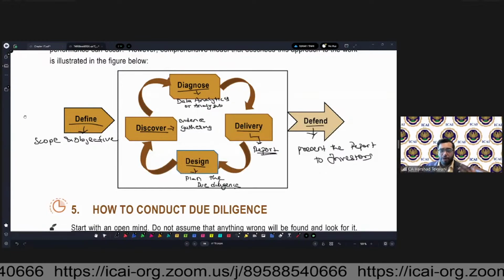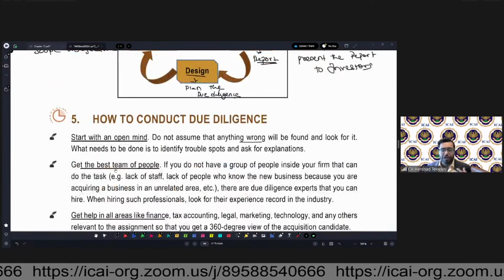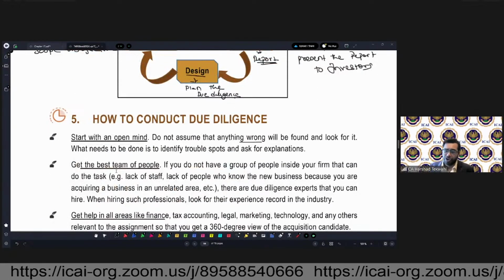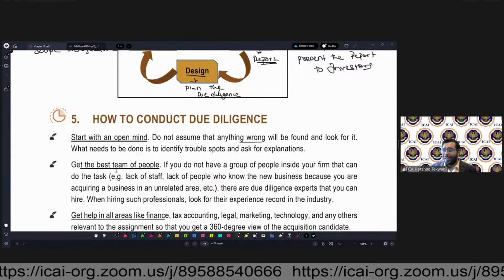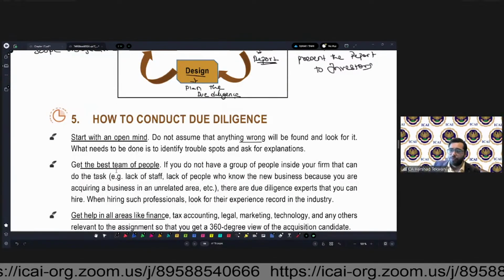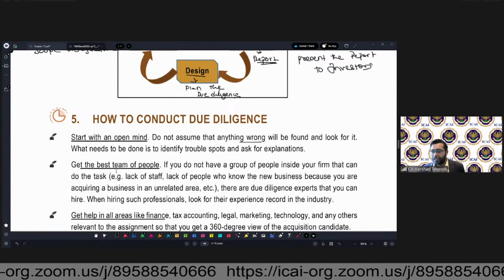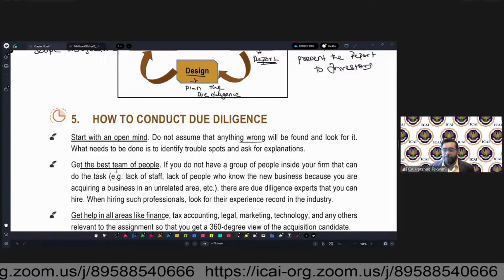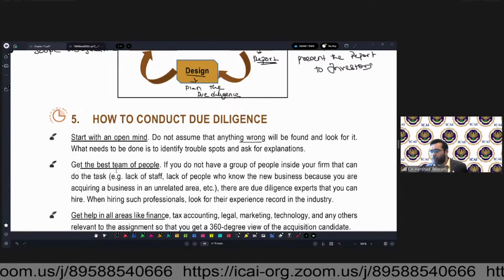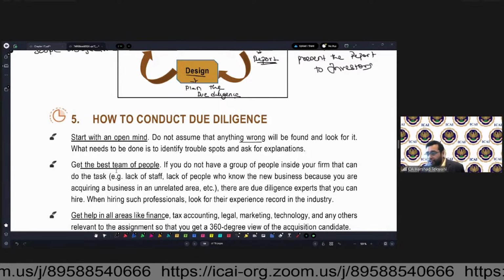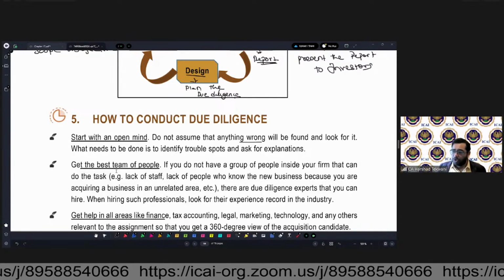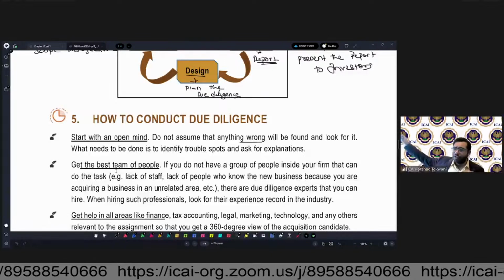If you want to elaborate further, start with an open mind when it comes to due diligence. Don't assume anything has gone wrong, because that will give you a wrong direction. Always think, okay, I need to do a due diligence, but don't presume that something has gone wrong. That is a part of forensic accounting and fraud investigation.